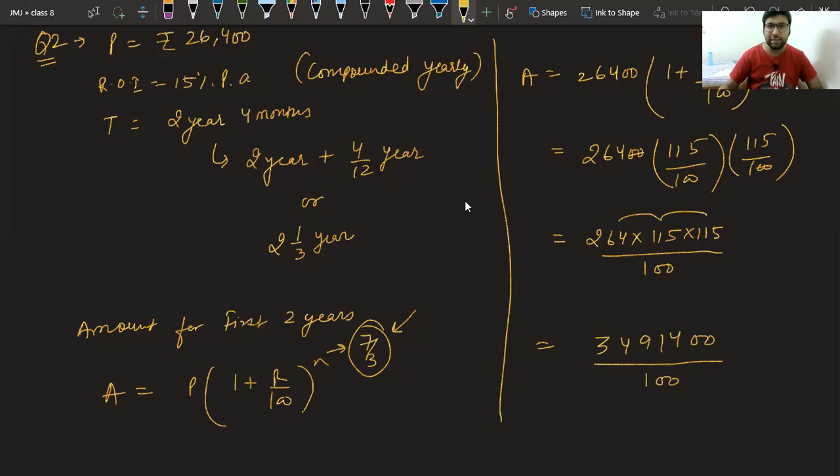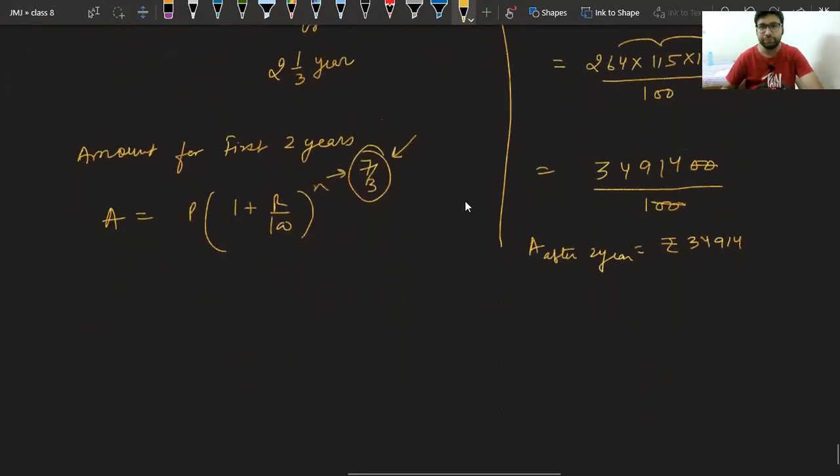So we can easily cut these two zeros, and we have got the amount after 2 years as 34,914. So the amount after 2 years will be rupees 34,914.